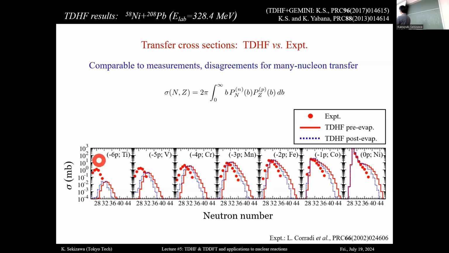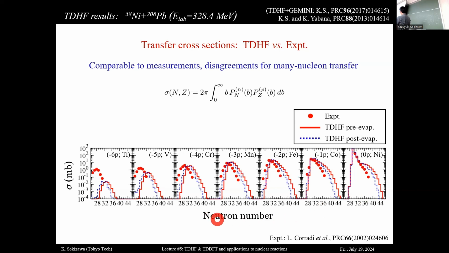So this figure shows the cross section to produce various isotopes that are produced after this reaction. Experimental data are those red points. So experimentally, after collision, for instance, you can find the nickel isotopes.